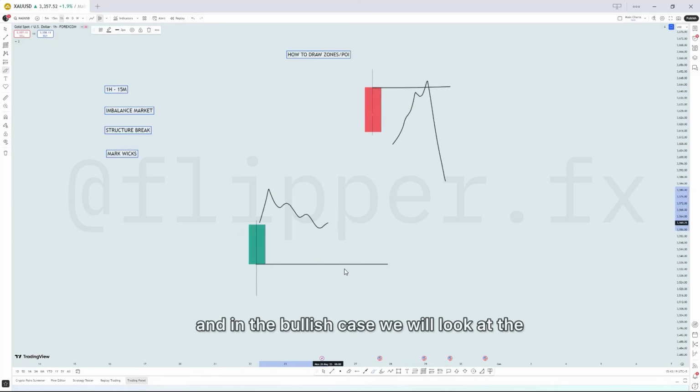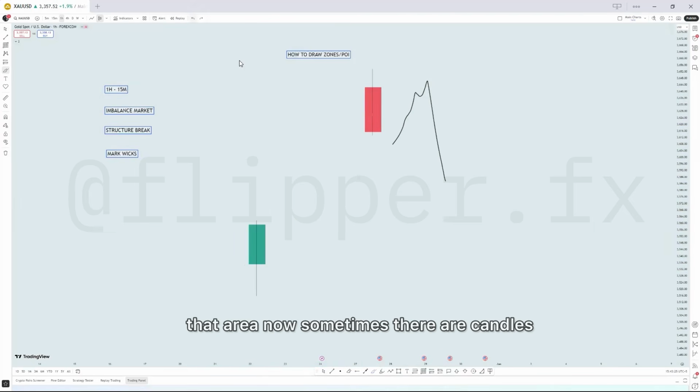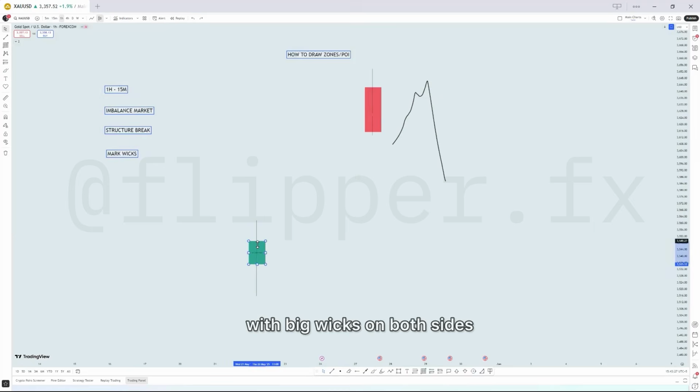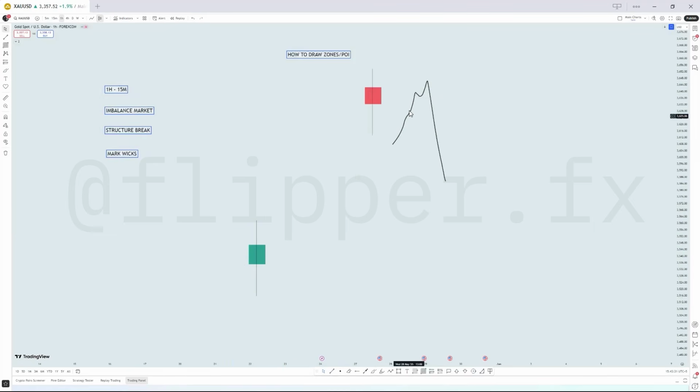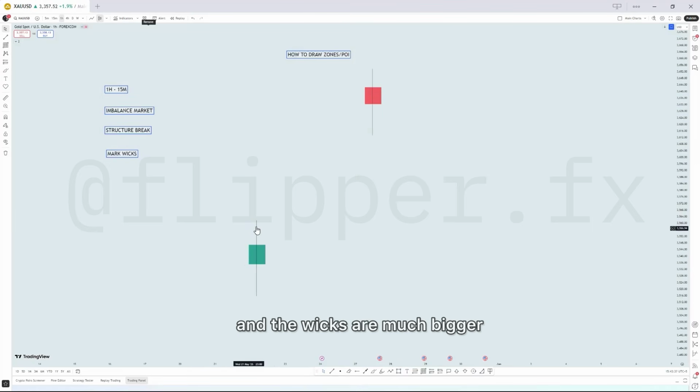And in the bullish case, we will look at the lower wick as soon as the market taps that area. Now, sometimes there are candles with big wicks on both sides. In that case, usually the candle body is very small, almost like it's not there, and the wicks are much bigger.